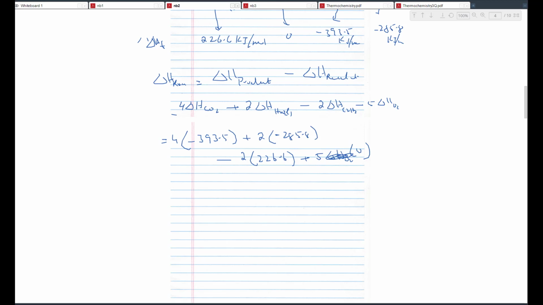How much are you getting? Negative 2599. You are right. That's going to be kilojoules, so the answer is the same. So is it clear? Just take the enthalpy of product minus the enthalpy of reactant.